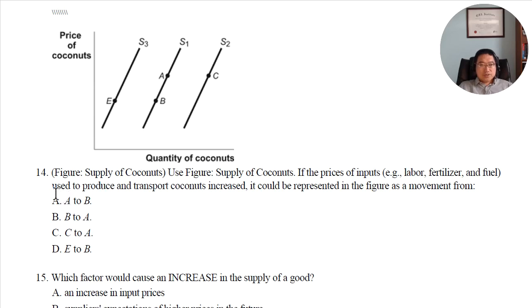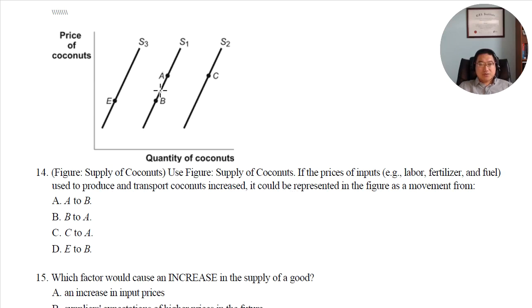Okay, question 14. This is supply of coconuts. If the price of inputs, labor, fertilizer, and fuel used to produce and transport coconuts increased, the price of inputs goes up, then what happens, right?